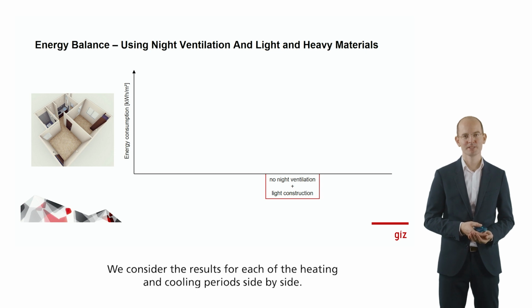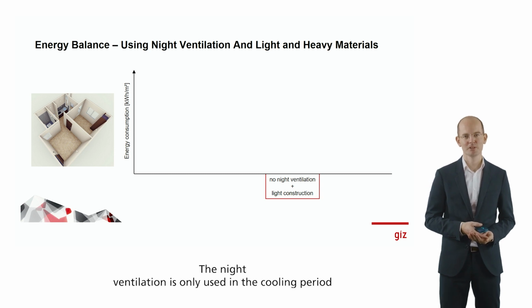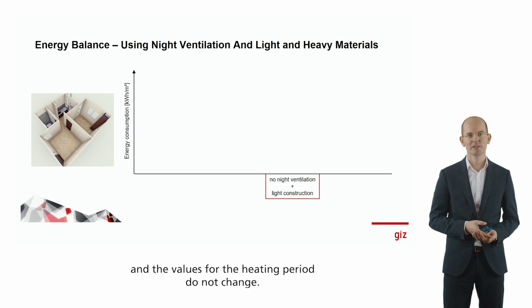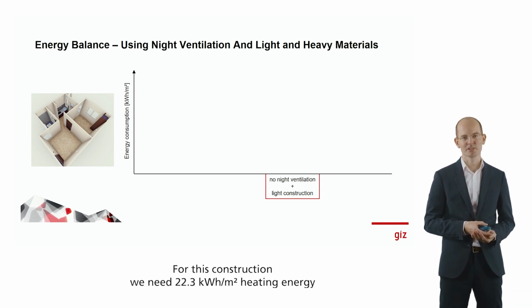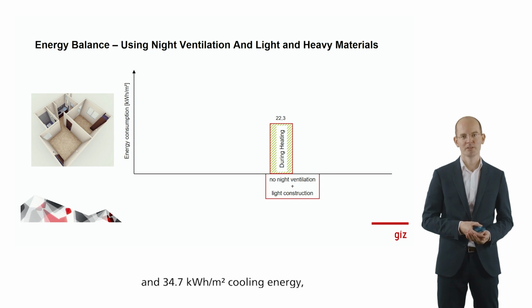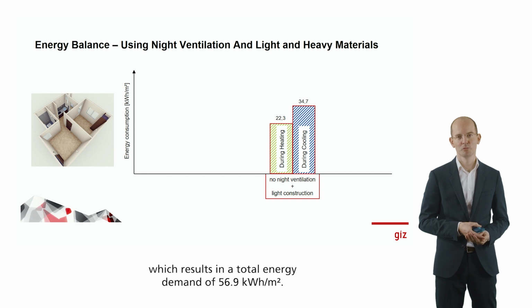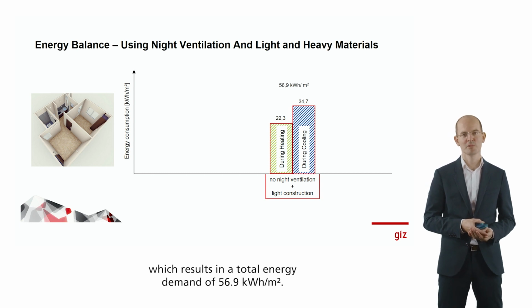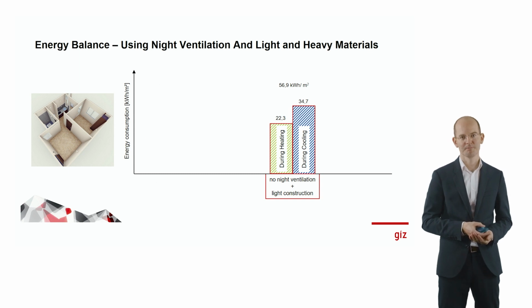We consider the results for each of the heating and cooling periods side by side. The night ventilation is only used in the cooling period, and the values for the heating period do not change. For this construction, we need 22.3 kilowatt-hours per square meter heating energy and 34.7 kilowatt-hours per square meter cooling energy, which results in a total energy demand of 56.9 kilowatt-hours per square meter.